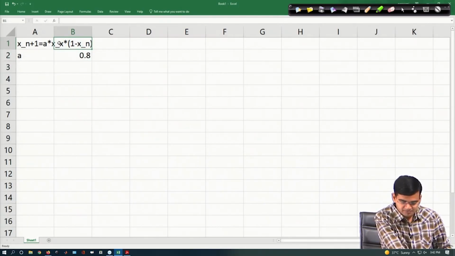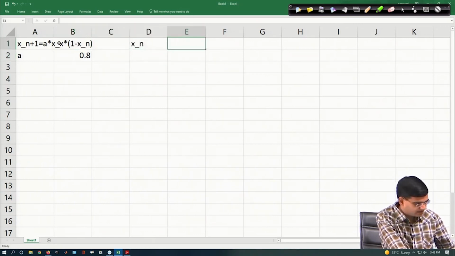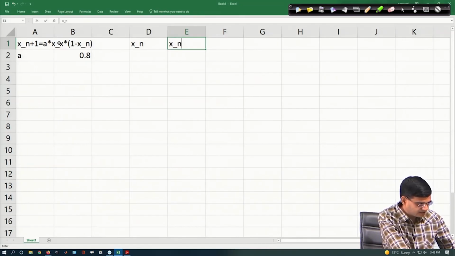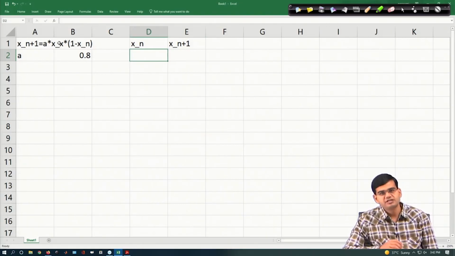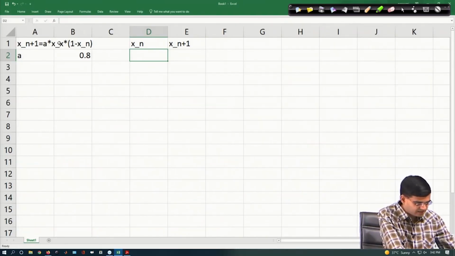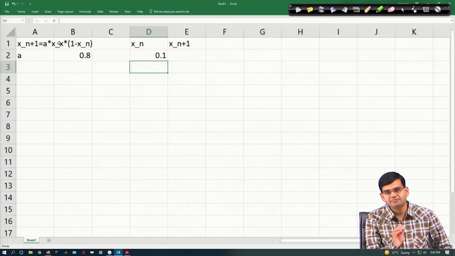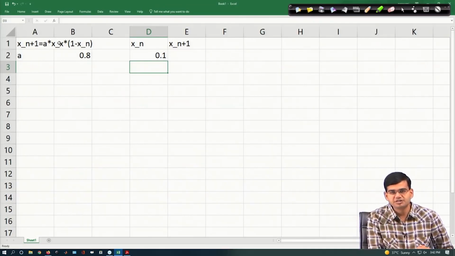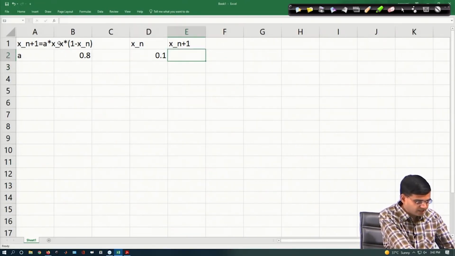My variable is x n, and as time progresses I would discretely move ahead. Let me start with some initial seed for my series, let us say 0.1. This means 10% of the saturation population, because we are using normalized populations.